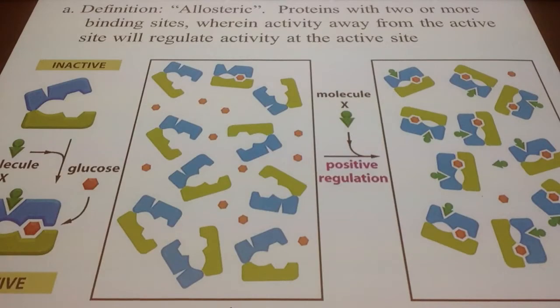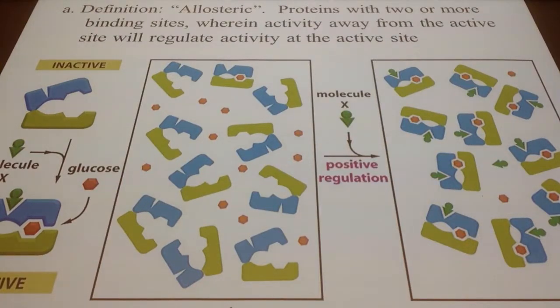So protein function can be controlled by another molecule, through protein-protein interaction. Not by covalent modification, but by binding. Do you see the difference? Phosphorylation causes a change in the structure, conformational change, but that's covalent modification.